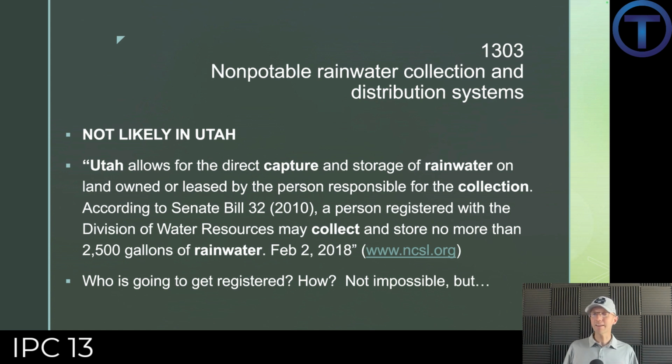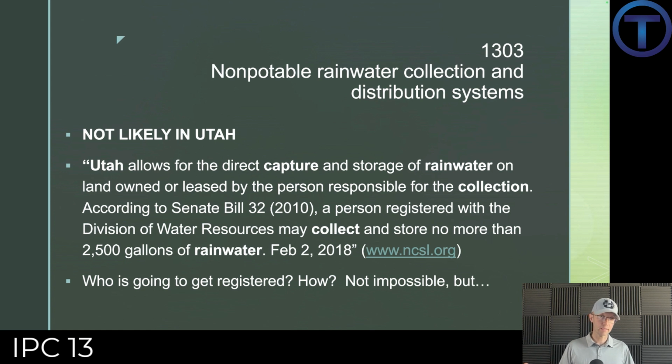This is the best I could find. I searched and searched. There is an organization online that has this law listed. It says Utah allows for the direct capture and storage of rainwater on land owned or leased by a person responsible for the collection. So they're saying you can do this, but there are some parameters. According to Senate Bill 32, back in 2010, a person registered with the Division of Water Resources may collect and store no more than 2,500 gallons of rainwater.